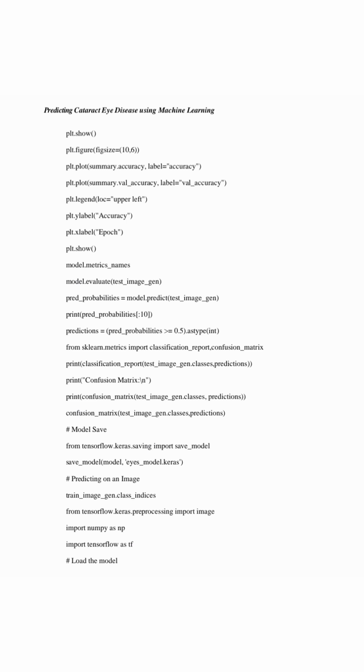Finally, we have to save the model with TensorFlow. Predicting on an image: we load the model, open the image and convert it into a suitable format. Finally, we make a guess and print the predicted class on the screen. After printing, the output will be here.